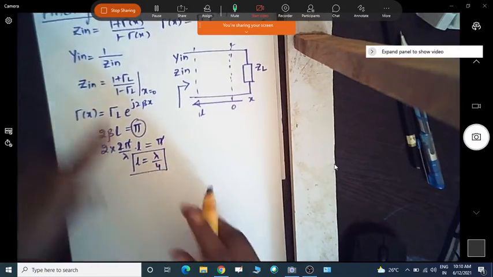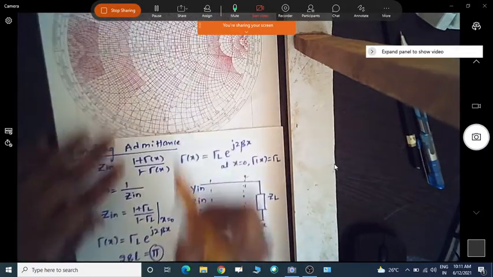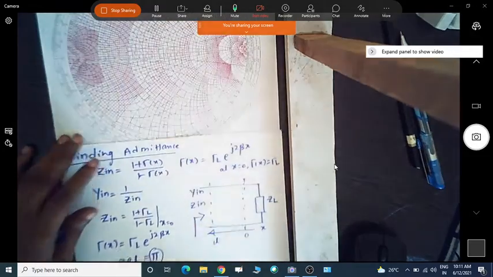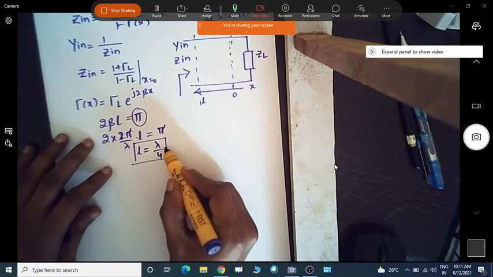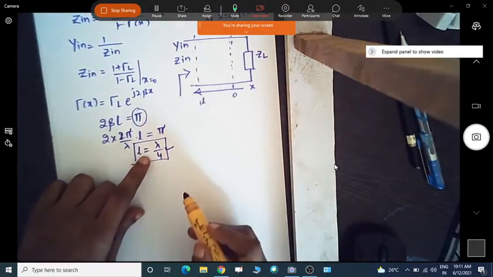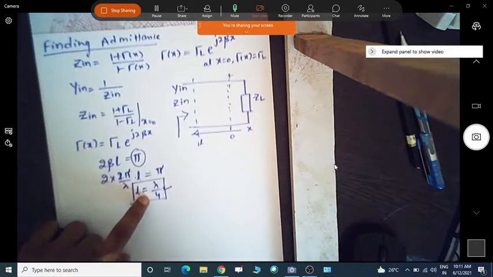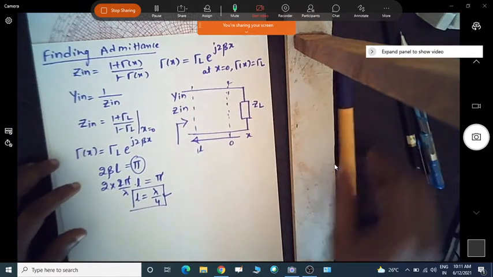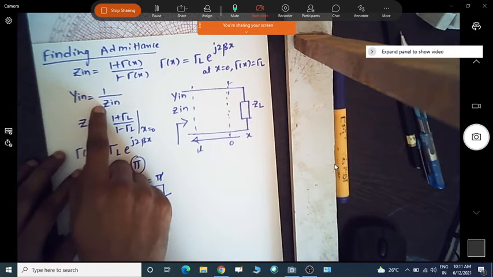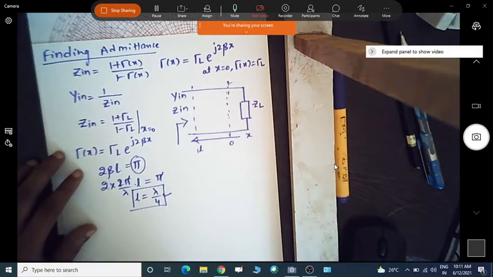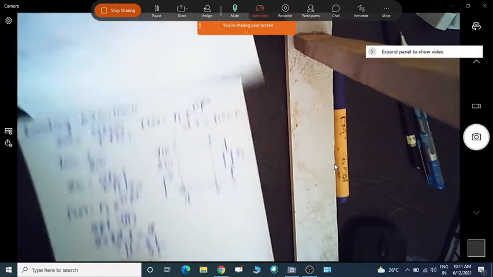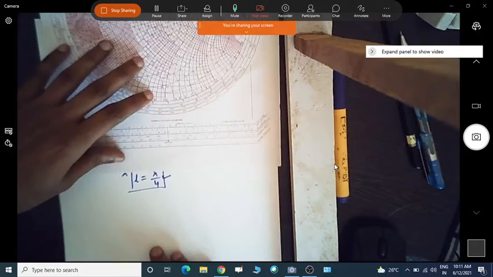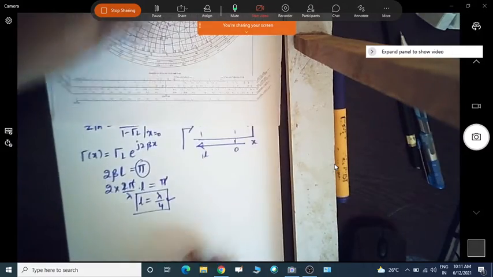So now if I have the impedance point anywhere in the Smith chart, and I traverse the length of lambda by 4 towards the generator, we are going to get the admittance. That is how we find out the admittance in the Smith chart, or you can directly find it by using the inverse of Zin. So let us find out how we can find the admittance using this Smith chart.